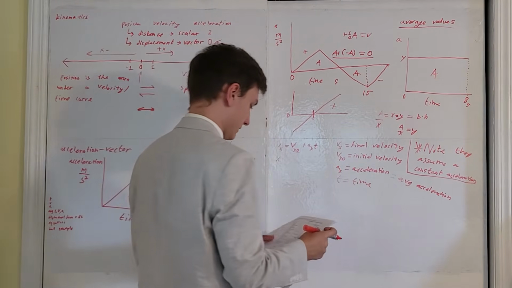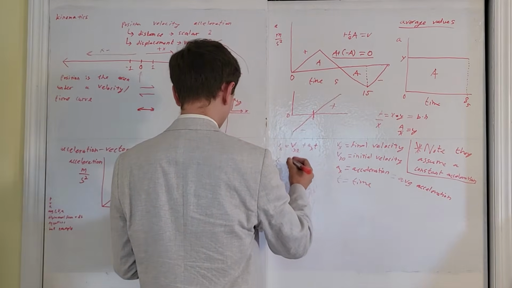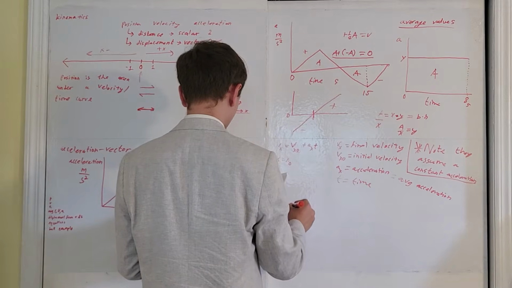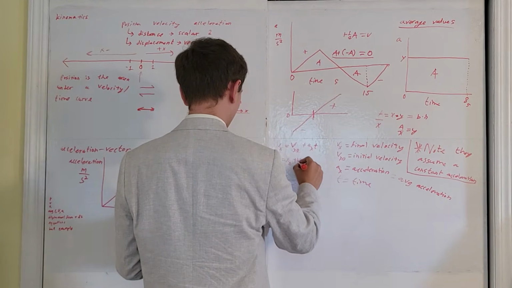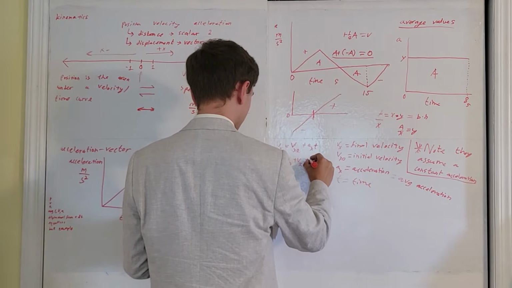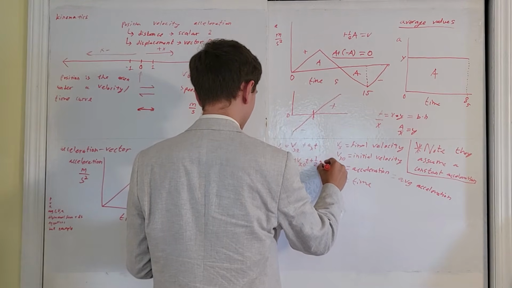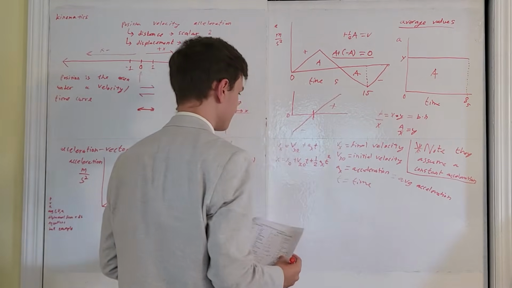So let's write out the equation. Your position in the x direction, or your position on the x-axis, is equal to your initial position in the x direction, plus your initial velocity in the x direction times time, plus 1/2 your acceleration in the x direction times time squared.